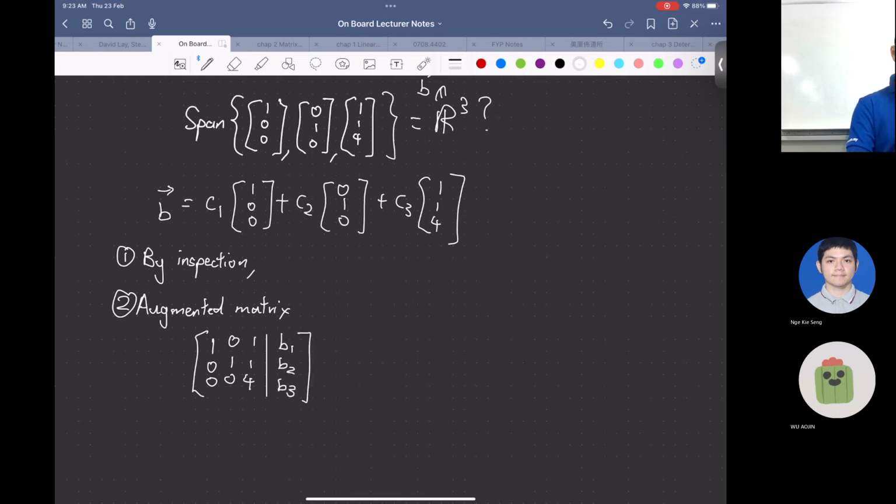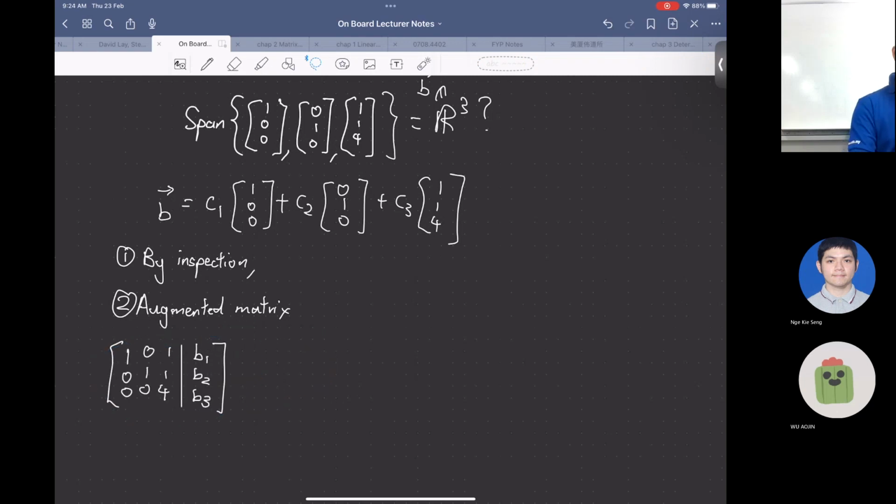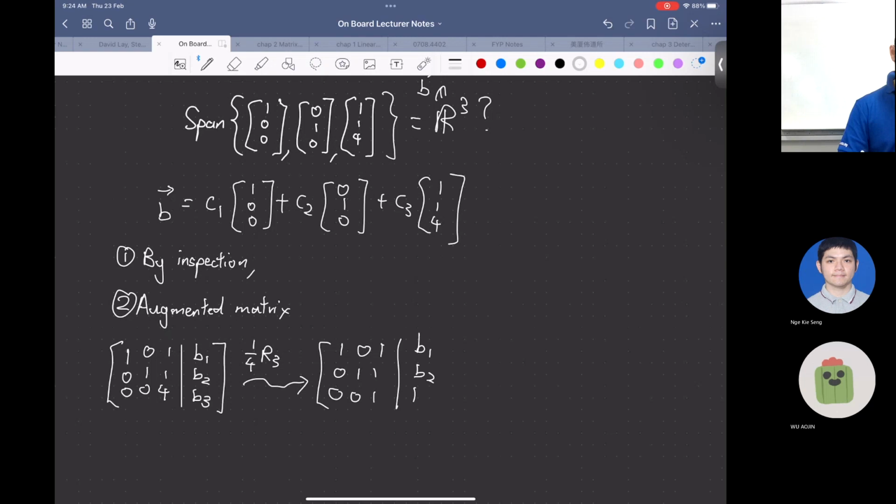Okay, so we go back to first week. So how to solve this? Is this a row reduced echelon form yet? No, right? Okay, so let's do some simple row reduction.